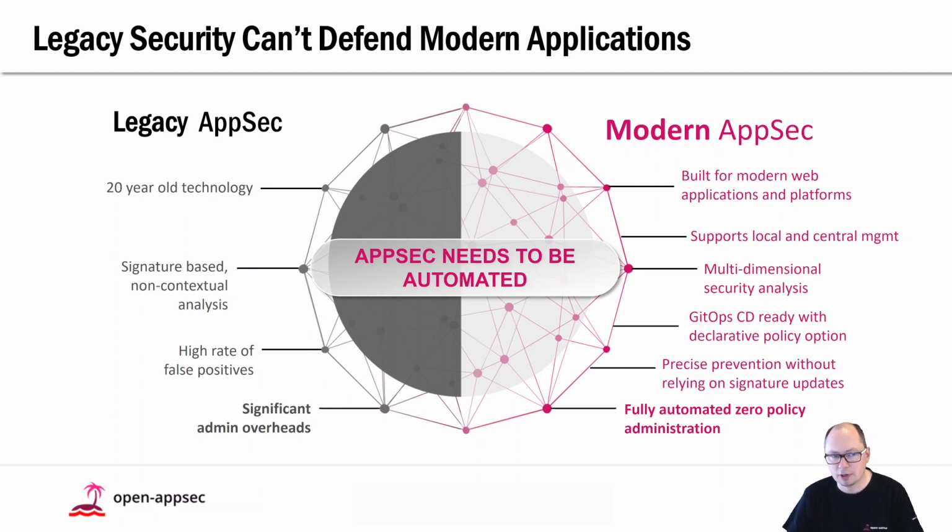It should work differently than just static signatures, by doing a multidimensional security analysis and taking the context into account, like the specific user, or learning what typically happens on this website, doing baselining and so on.